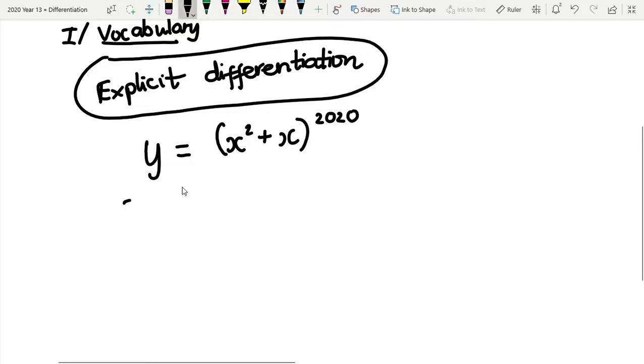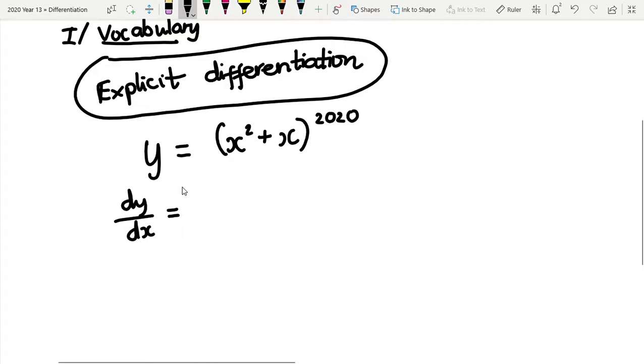So I can write dy over dx. And you can see that because y is in terms of x, that is why it is explicit, because y is written explicitly in terms of x. Whoa, that's a big sentence.